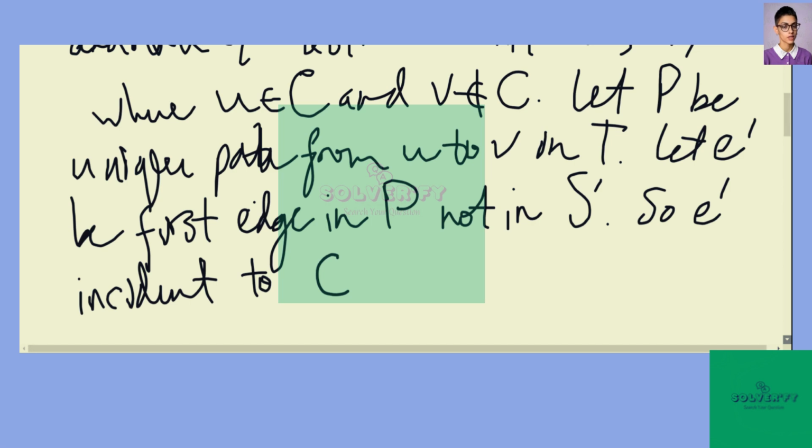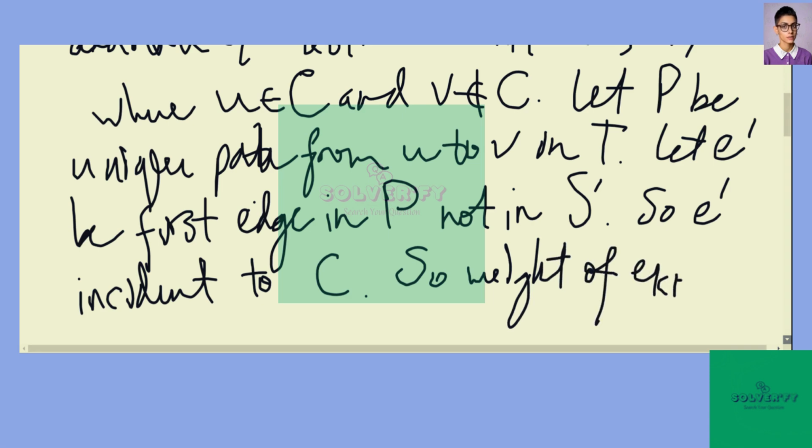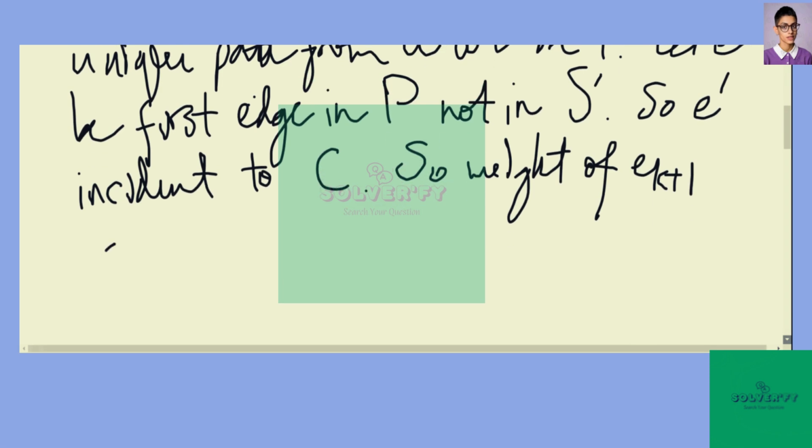And we know that the algorithm added EK plus 1 on behalf of C, so it follows that the weight of EK plus 1 has to be smaller than the weight of E prime, or if they're equal weight, EK plus 1 comes first in the lexicographic order.